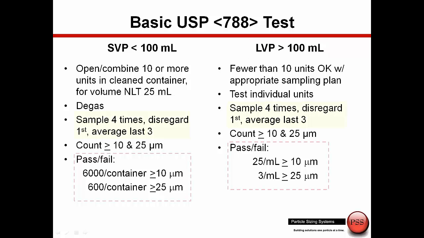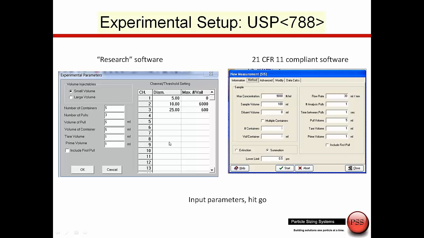We do 4 measurements, discard the first, average the last 3, and then we record the particle concentration at 2 sizes, 10 and 25 microns. And there's a pass-fail criteria, which changes depending on is it above or below 100 milliliters. Is it a small or large parenteral drug? This test is automated in the software.